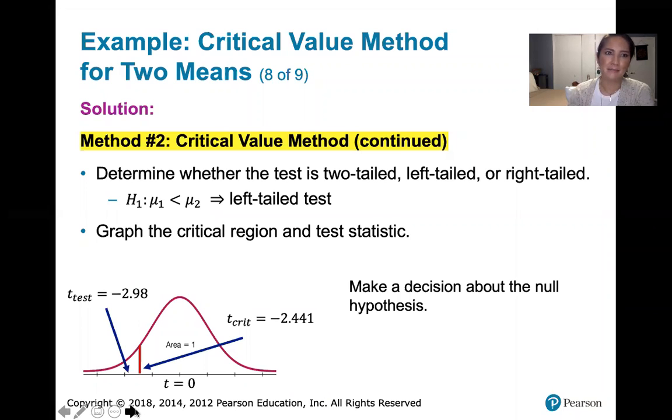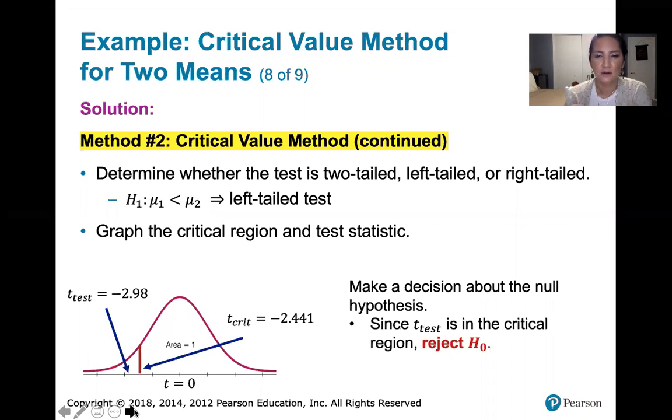So if it's highly improbable that it would happen given that the null hypothesis is true, but it actually happened, well, then the null hypothesis may not be true. Let's reject the null hypothesis. So we make our decision based on whether that test statistic is in the critical region or not. Since it's in the critical region, we can reject the null.